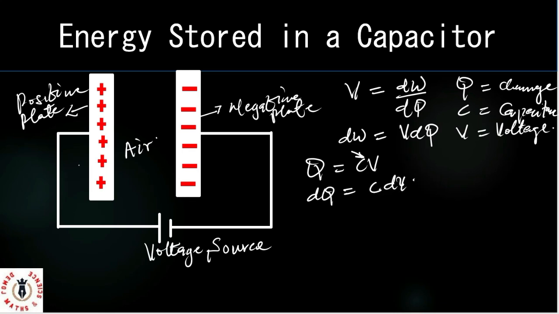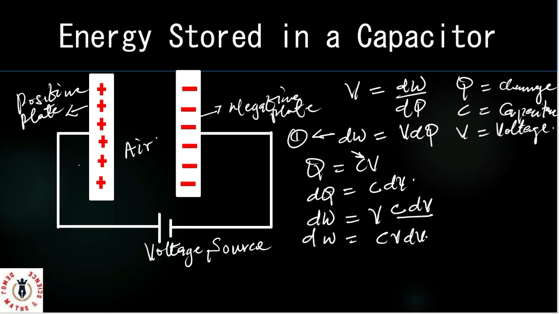If I call this equation 1, I can easily substitute for the Q in equation 1, so that I can rewrite dW to be the same thing as V C dV. In place of dQ, I've just substituted C dV. Let's rewrite it properly so that dW is the same thing as CV dV.